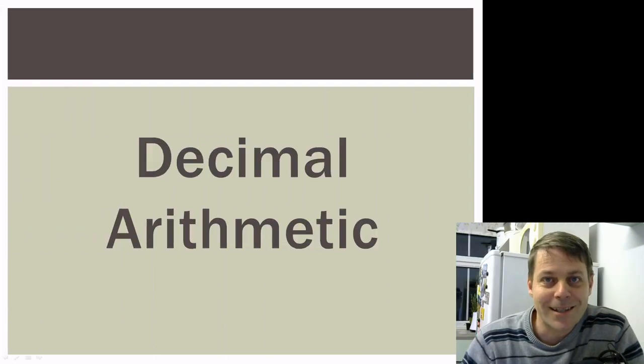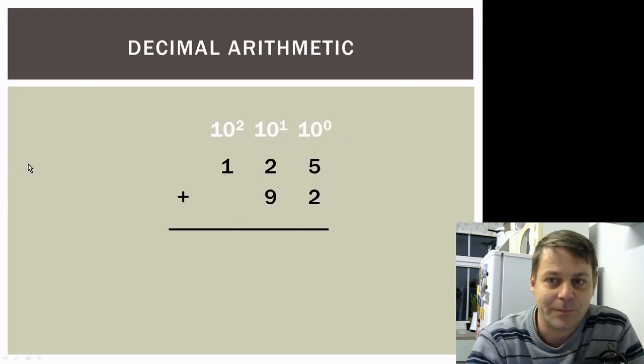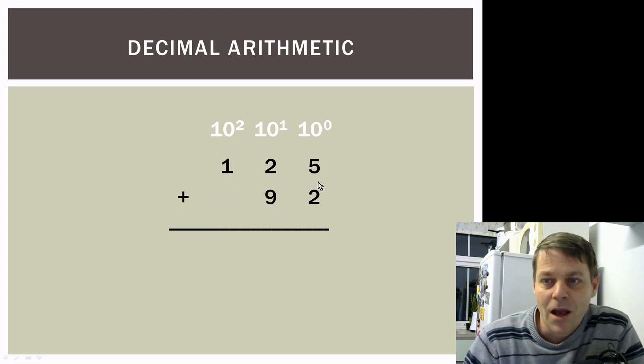So now let's go back to the decimal system and see how we add 2 numbers together. So we're going to add the numbers 125 and 92. So what we do is we start in the least significant column and we add the numbers together. So 5 plus 2 is 5, 6, 7. So we put a 7 down here.